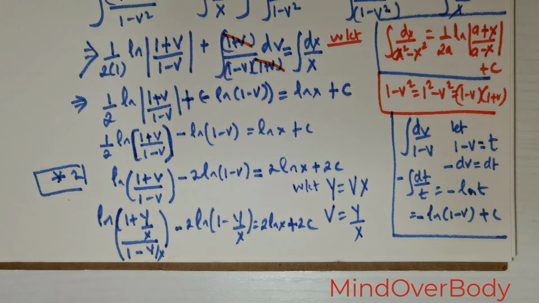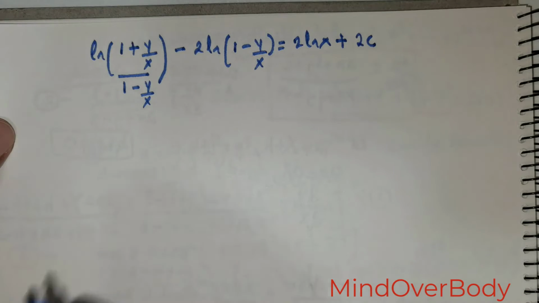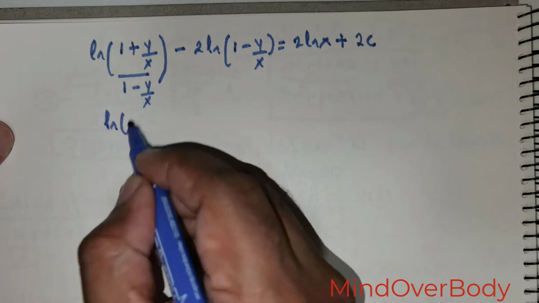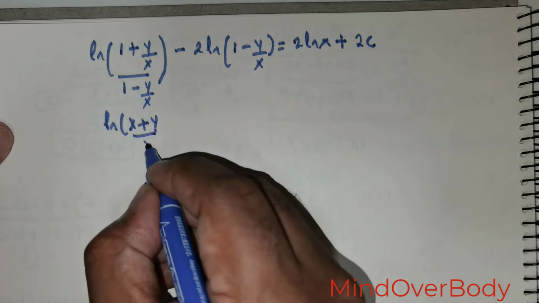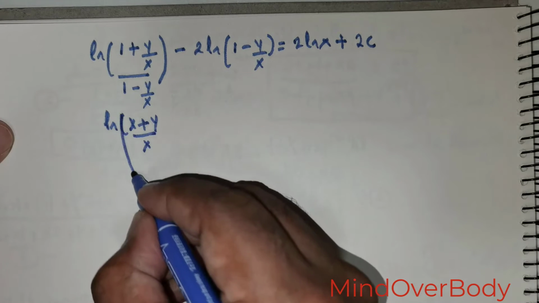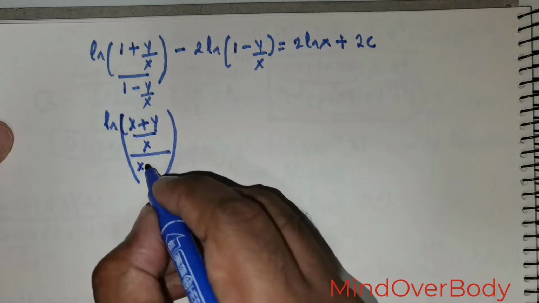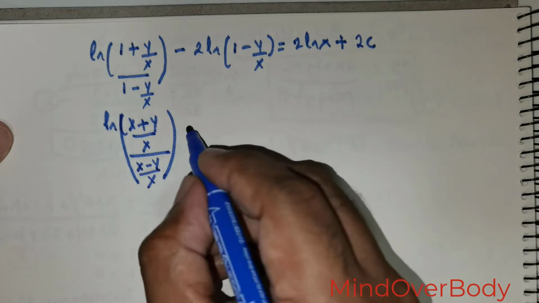For that I will have to move over to the next page. So we can perform the simplification. So this is going to be ln of x positive y divided by x, and this is going to be x negative y divided by x, right?